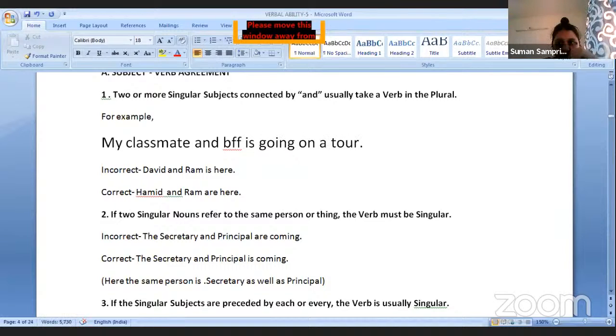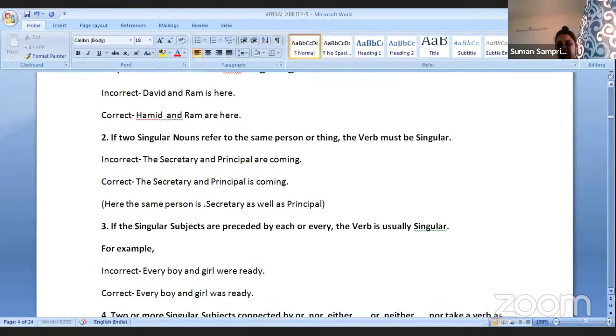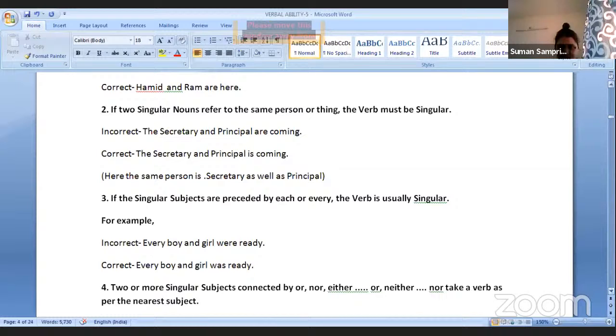Okay, so all these things happen because of the modifiers, predeterminants. So it also means this. If nouns refer to the same person or thing, the verb must be singular, even if they are connected by the help of the word "and".